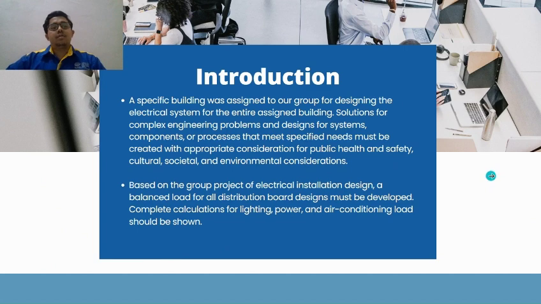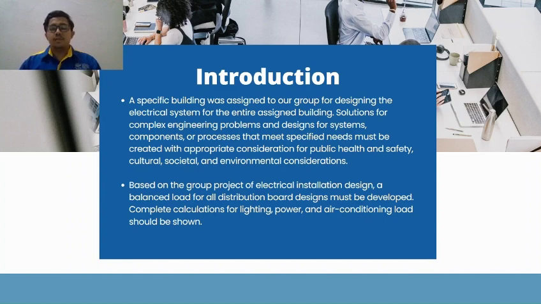For the introduction, a specific building was assigned to our group for designing the electrical system for the entire assigned building. Solutions for complex engineering problems and designs for systems, components or processes that meet specific needs must be created with appropriate consideration for public health and safety, cultural, societal and environmental considerations.